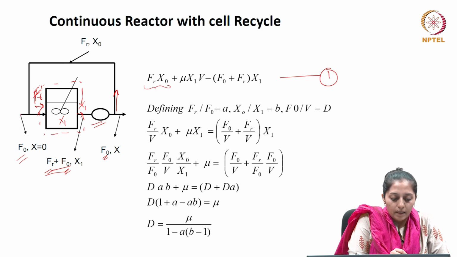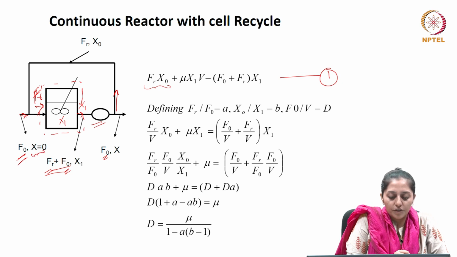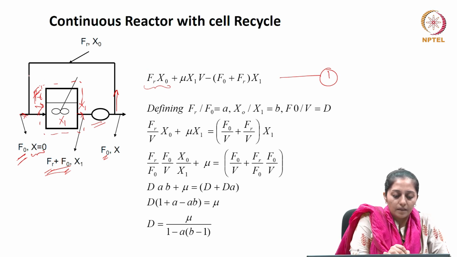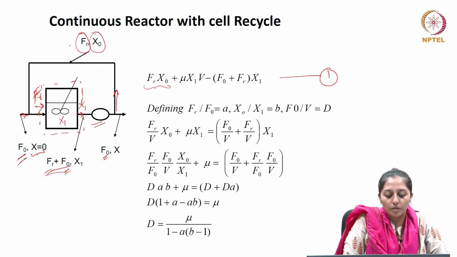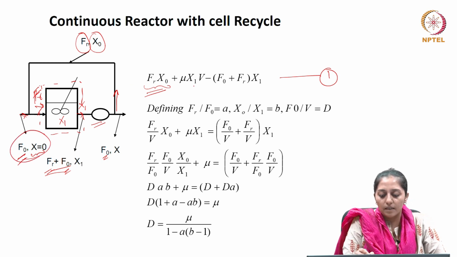Your inlet stream here is being given as F0 and it is a sterile stream, so that has not been considered. Then here the recycled stream has a volumetric flow rate of Fr with a biomass concentration of X0. So, the first term represents the rate at which the biomass is coming inside the reactor. They have not shown the term F0 into X, which is 0 because it is a sterile feed stream.